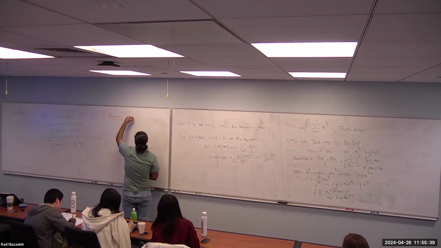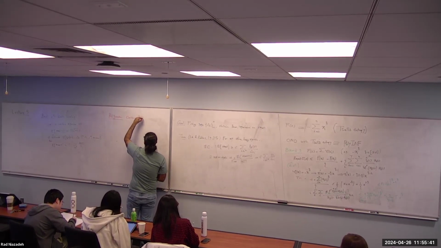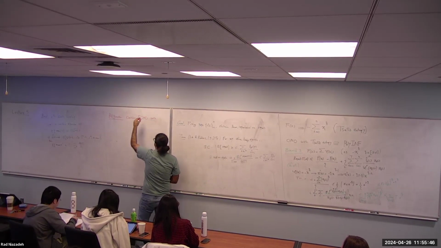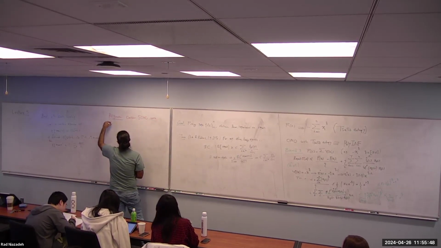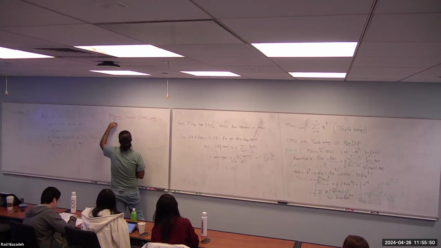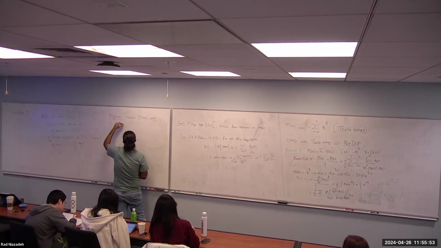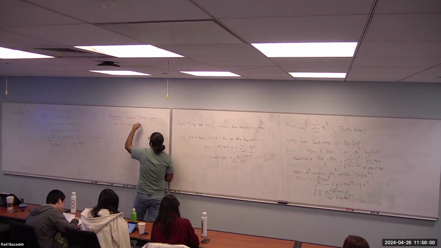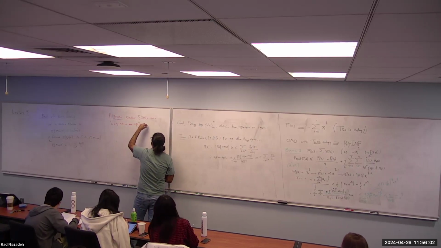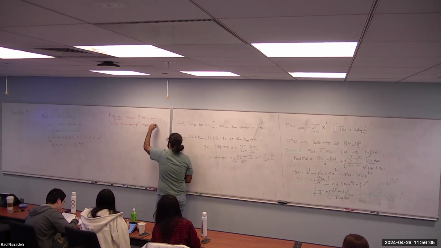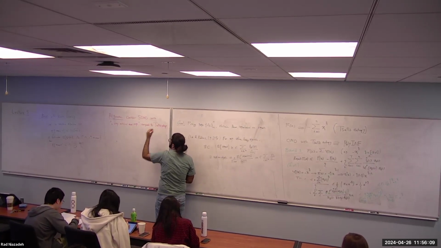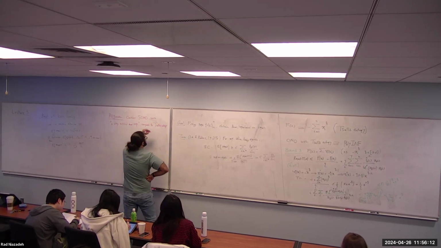Consider a stochastic online mirror descent with, I would call it, a slightly modified mirror map compared to the Tsallis entropy. What is the algorithm?